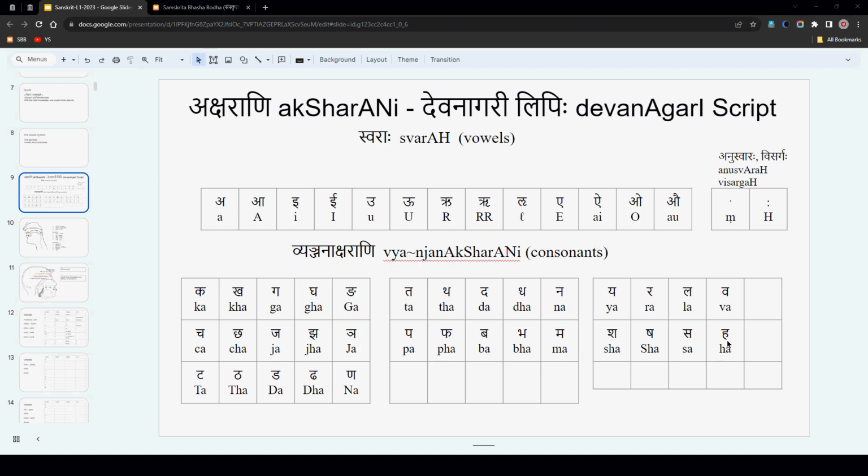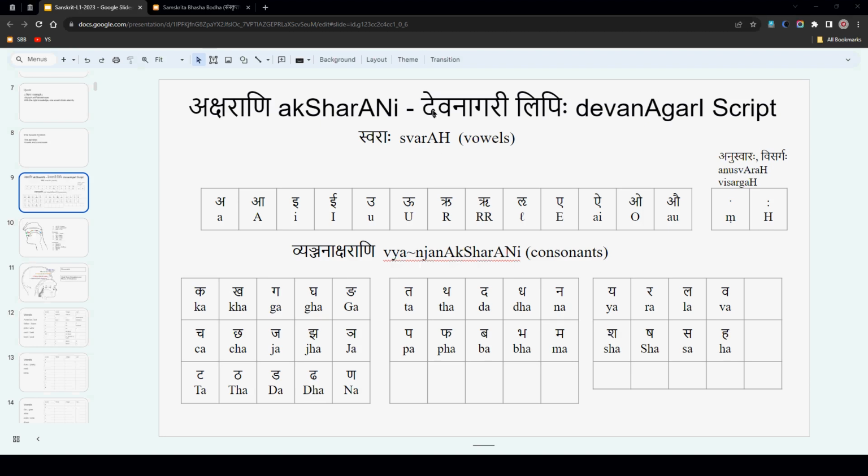When I say ha, you can hear that nada, that vibration. When we pronounce the visarga, there is no nada. It is just a release of breath without the nada. So the difference is with the vibration and without the vibration.